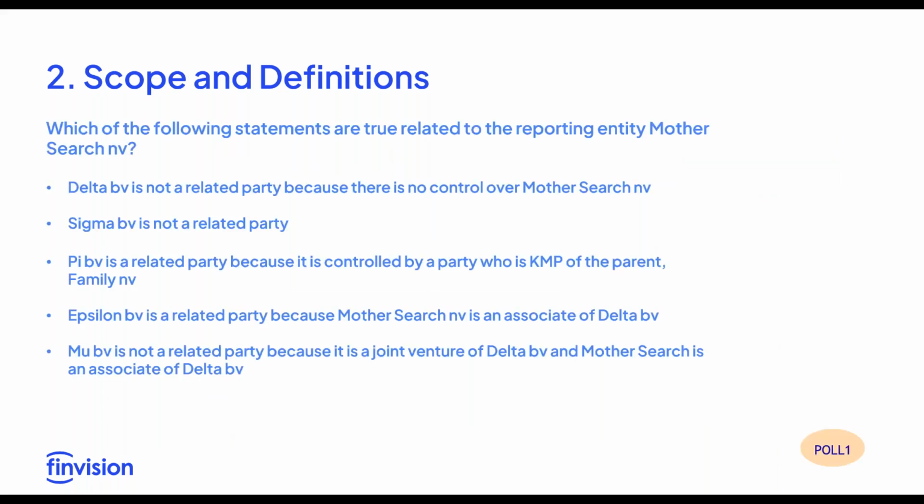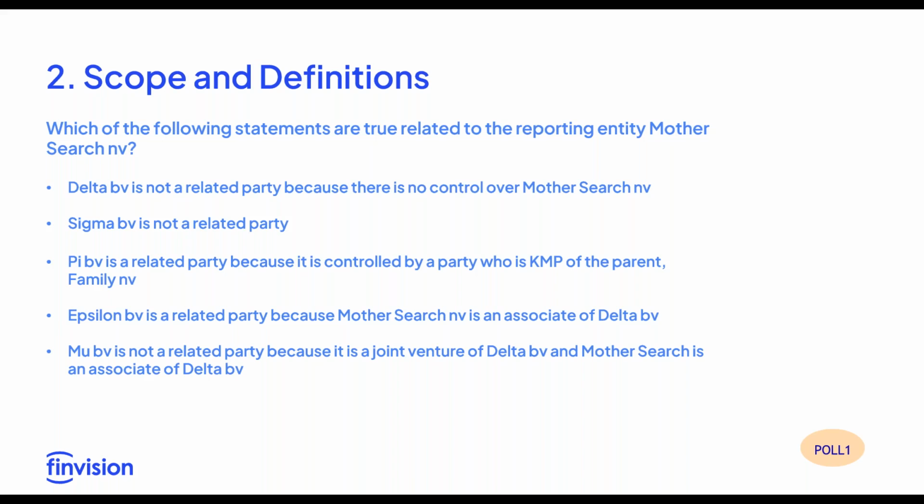We will then go to a first poll, but I let you read and we go through the questions on the slide. The question in the poll will be, which of the following statements are true related to the reporting entity, which is the Mother Search NV? And there are 5 statements. First statement is Delta BV is not a related party because there is no control over Mother Search NV. The second statement is Sigma BV is not a related party.